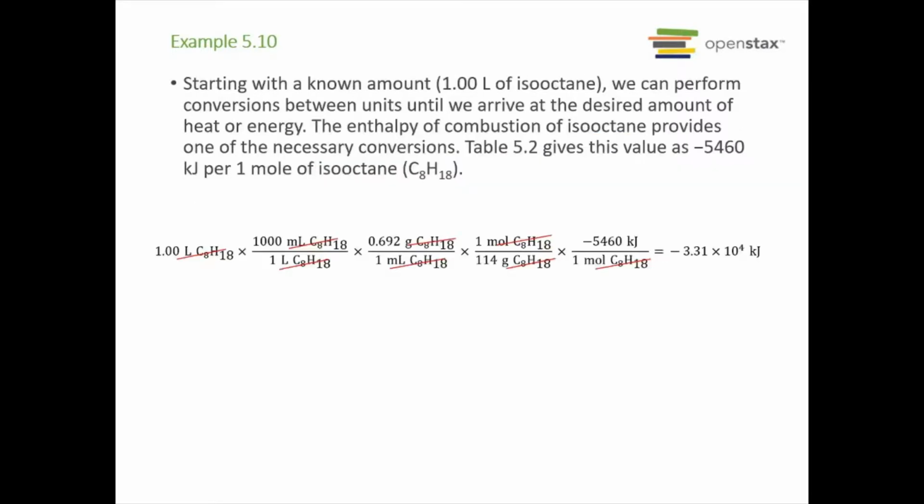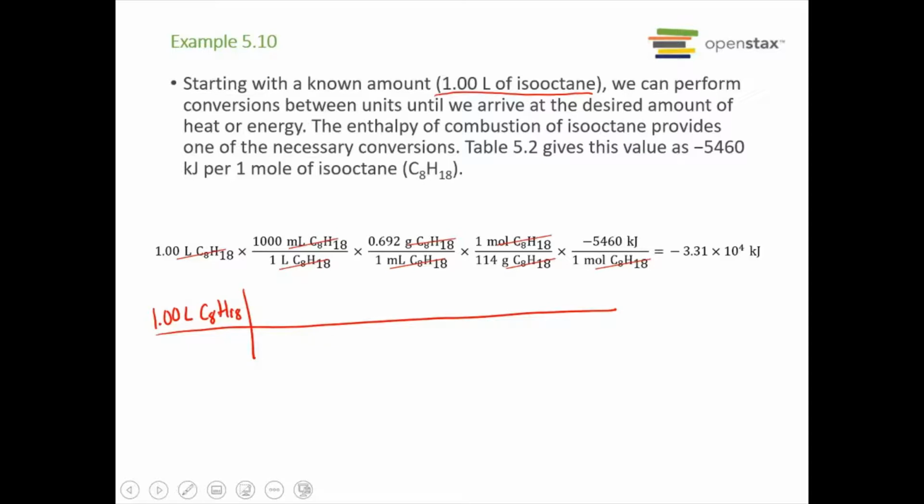So we know we have 1 liter of isooctane. The first thing we can do is make that into milliliters so we can then compare it to density. I'm just going to rewrite it in the notation that I use for you guys. We have 1 liter of C8H18, and we know there are 1,000 milliliters in 1 liter.